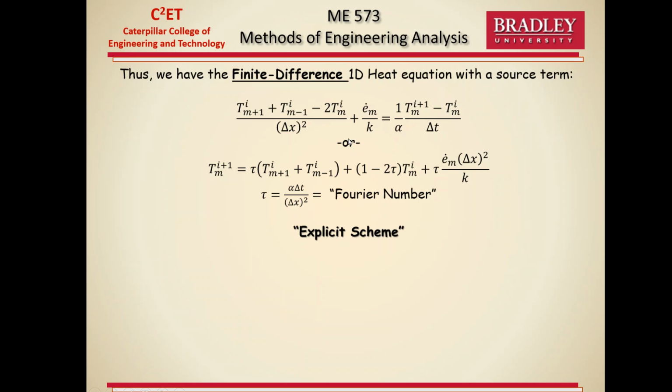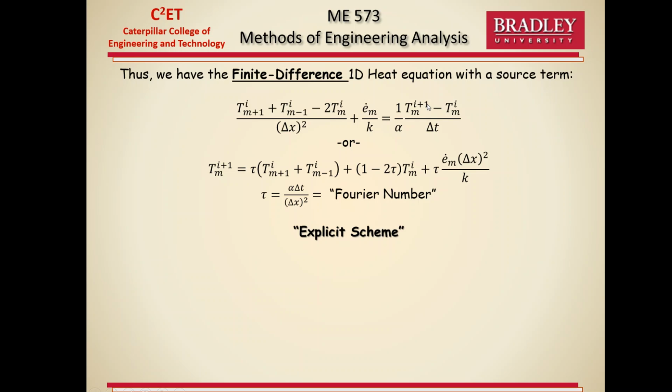If you do a little bit of algebra from here, and I think you can see that it's not too much, you come up with this expression here. And look at this. The only term in this expression here at a later time, now remember the superscript I is the time index, is the only term right here that involves spatial position M and a later time.